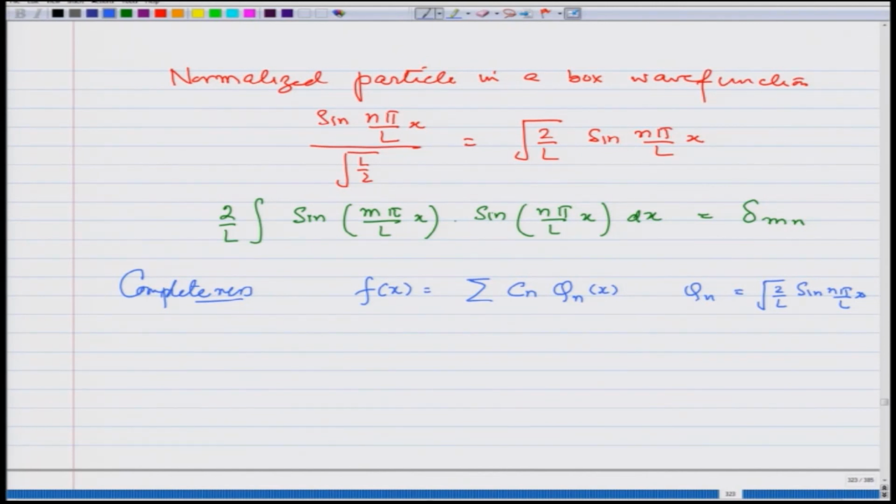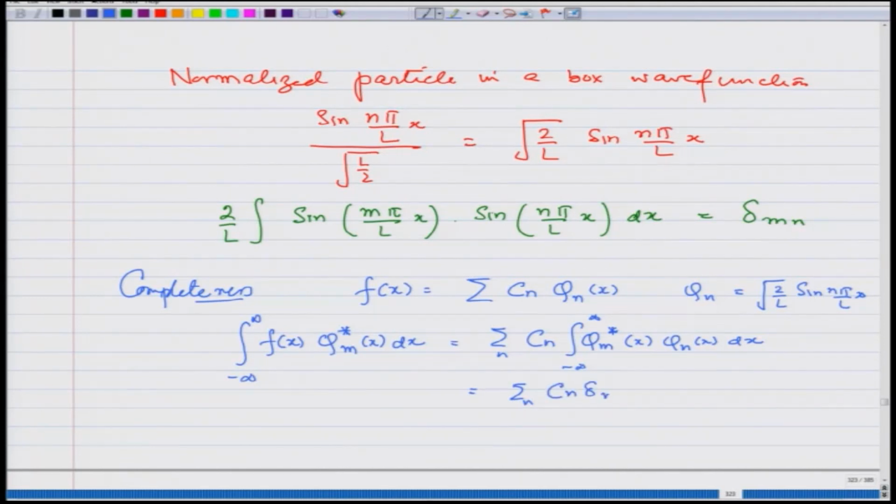How do we determine C_n? I will multiply f(x) by phi_m star(x) dx, integrate from minus infinity to infinity, which in this case becomes 0 to L, which is equal to summation over n C_n phi_m star(x) phi_n(x) dx, and by orthonormality this becomes summation over n C_n delta_mn, and this equals C_m.